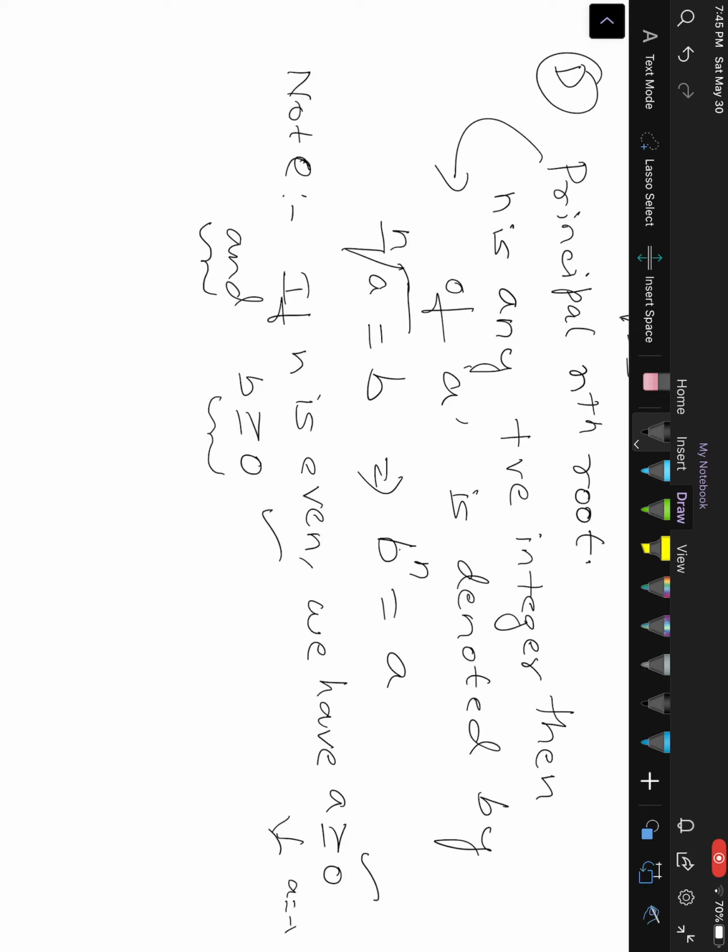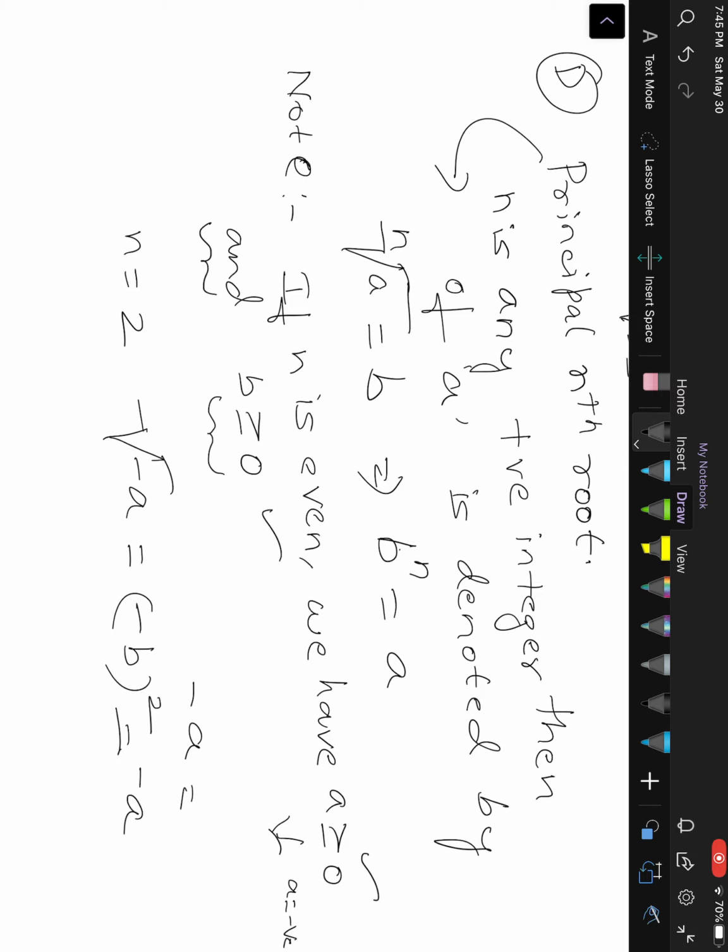And why should b be greater than or equal to 0? Suppose a is negative and n is even, say n is 2, and we need to find the square root of negative a. To get a negative number, you would have to apply a power to some negative number, but you cannot raise negative b to the power of 2 and get negative a.